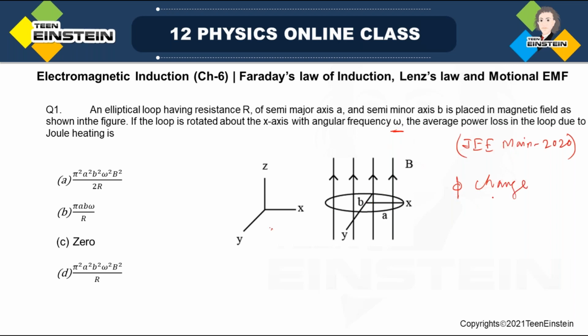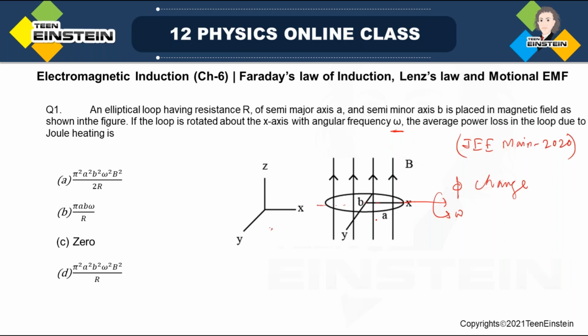The flux linked with this loop will be changing because you are rotating along the x-axis like this. Sometimes the number of flux lines will be more, then a little bit lesser, so the flux linked to this loop will be changing with time as you rotate it with an angular frequency about this x-axis.